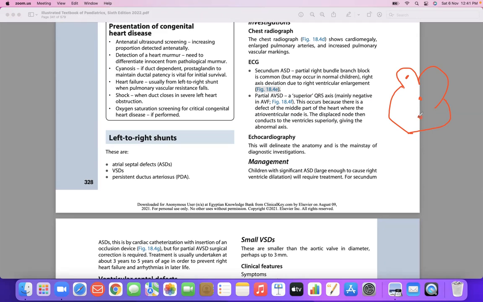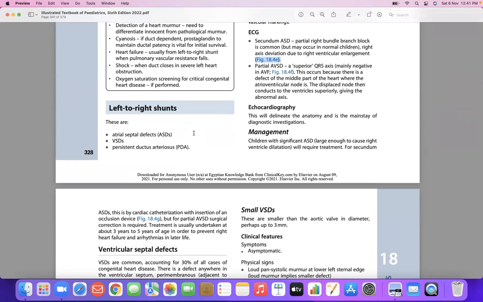Maybe the AV node is displaced downwards. It's not here now. The displaced node conducts to the ventricles superiorly. So here the conduction will go in this way, not like the normal conduction which comes down. This is the reason you see negative deflection in AVF. This is the explanation they are giving. But if you get an AVSD case, you will say the ECG finding is superior axis.